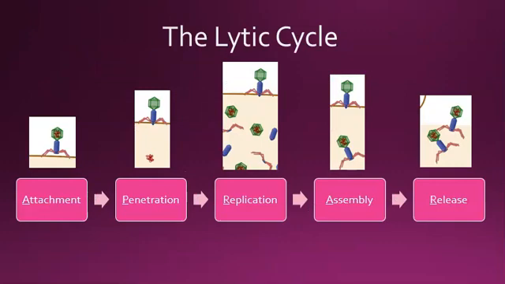So in the lytic cycle, a virus infects and ultimately kills a living cell by injecting its DNA or RNA into the cell. The cell's DNA replication machinery, like enzymes and other proteins, replicate the viral genes and produce the proteins required to make the capsid, which is the protein coat of the virus.